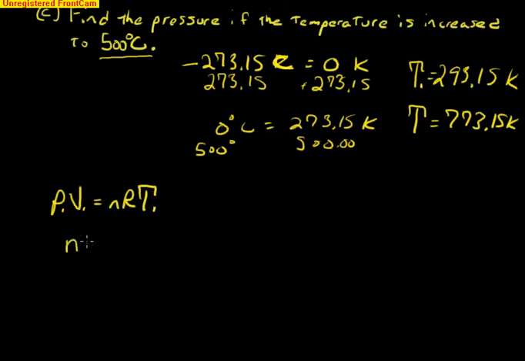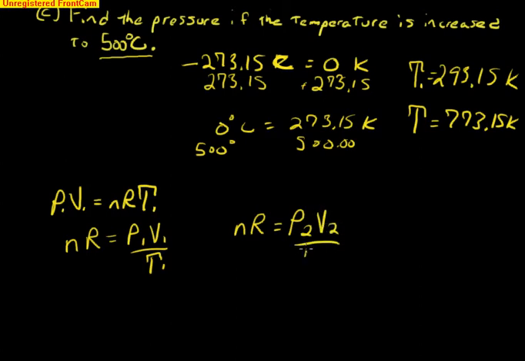In other words, solving for this constant, P1 V1 over T1 is equal to nR. This is also true for our final state: nR is equal to P2 V2 over T2.